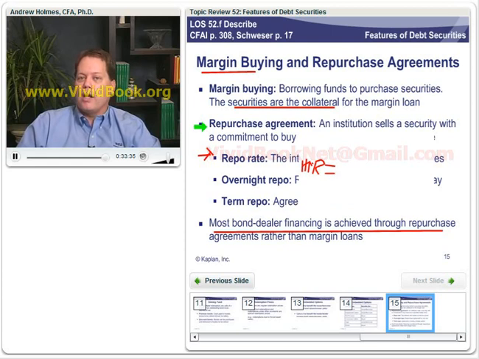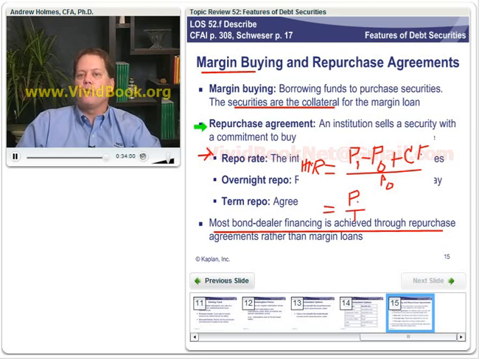One of them would be the price at time 1 minus the price at time 0 plus any cash flows that we received, divided by the price at time 0, P0 today. The other one, which we would use in the repo market more frequently if there are no interim cash flows, is algebraically equivalent: P1 over P0 minus 1. That's supposed to be a 1 there. So that's the holding period return.